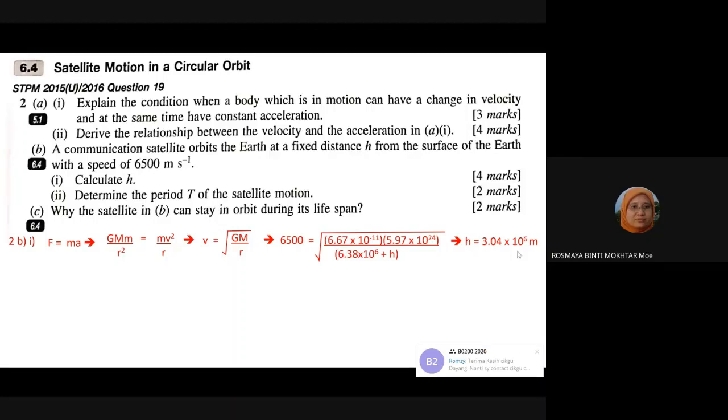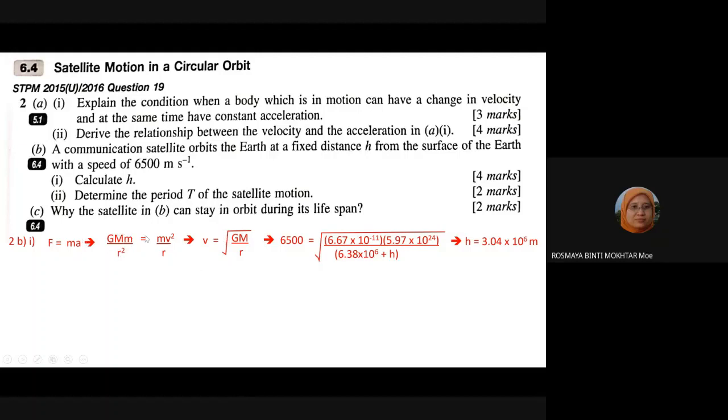It's the same question as the previous question, right? But you see here, this is 4 marks. If it's 4 marks, that means you need to show the equation, the substitution and the answer. So the equation must start from here.